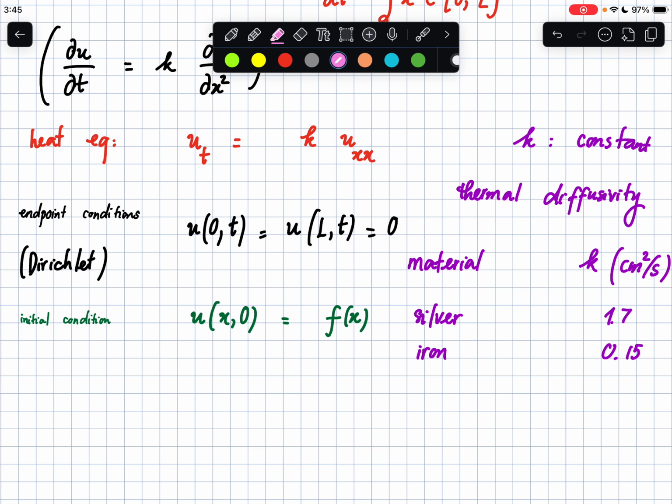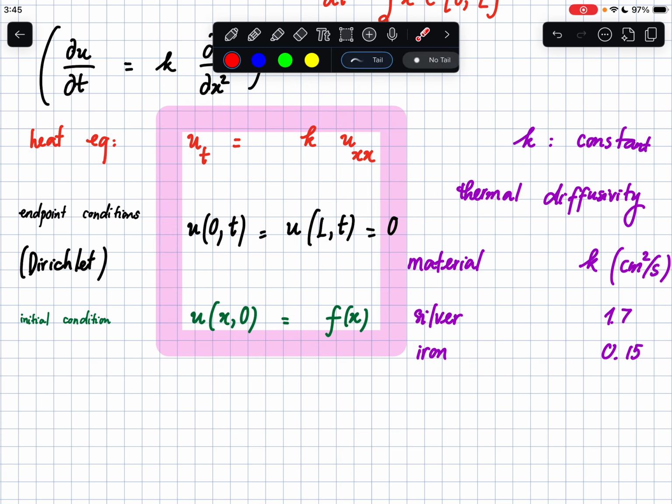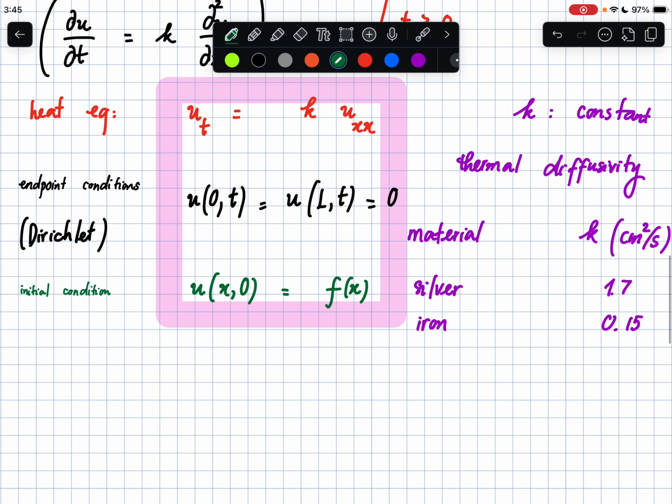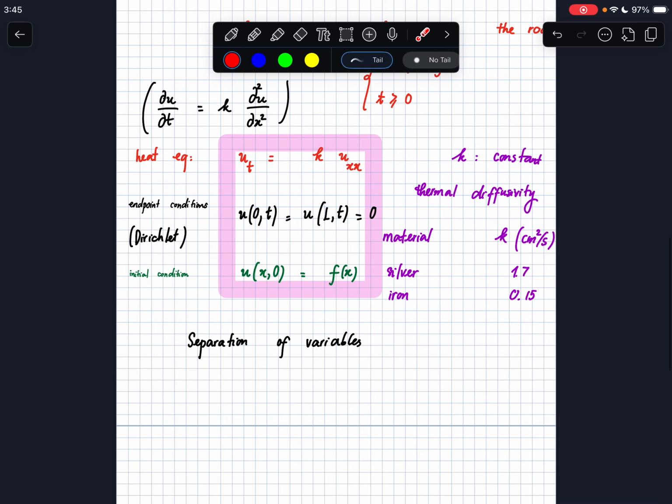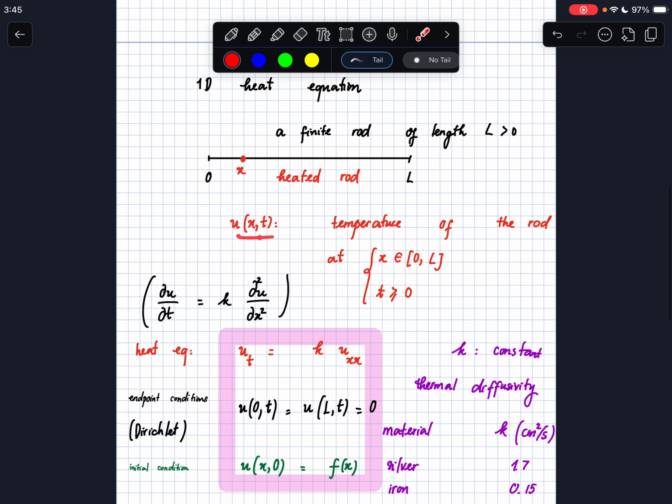So the question we have is this one. We have a heat equation, we have the endpoint condition, and we have the initial condition. The method we use here is separation of variables. We have two variables, x and t, in u(x,t).